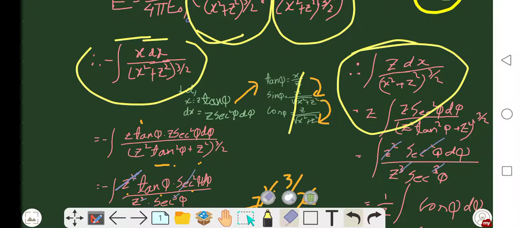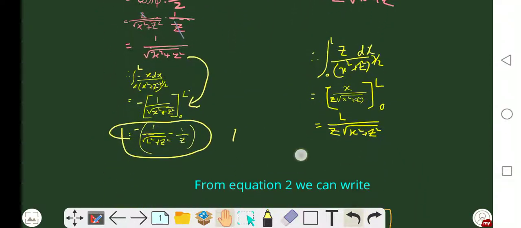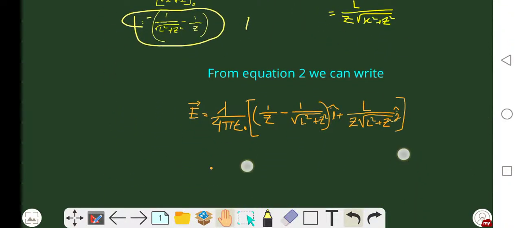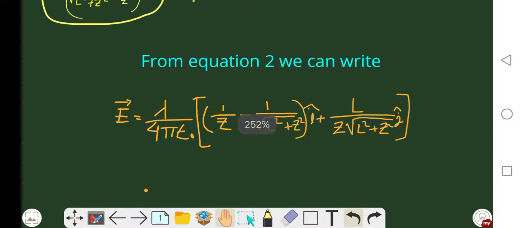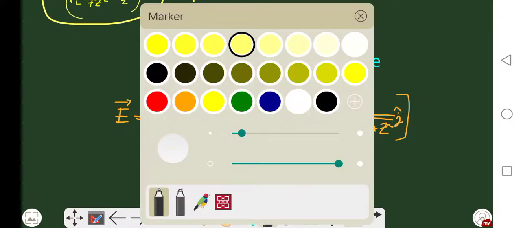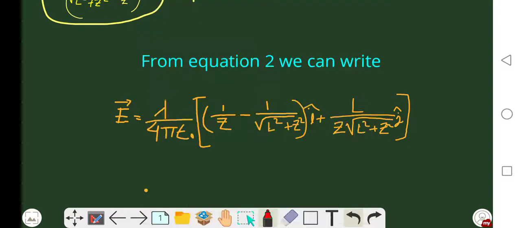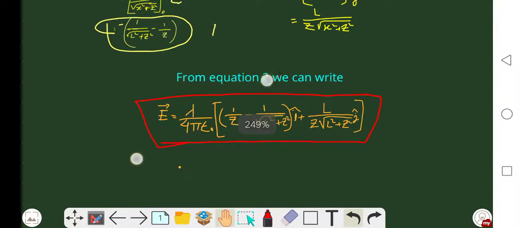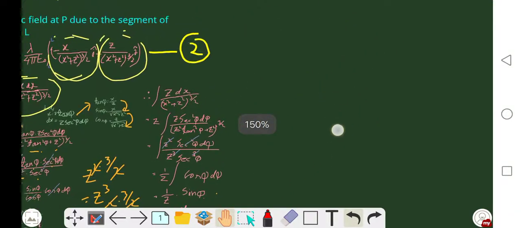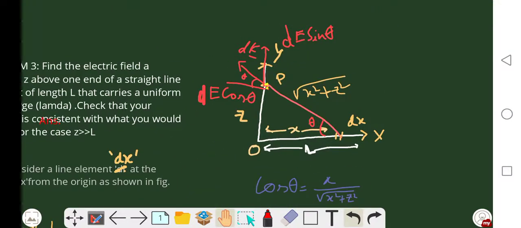We just have to put the values together. So I basically do the sum of the two integrations, and here we get the value, and this is our answer. This is the electric field at point P here.